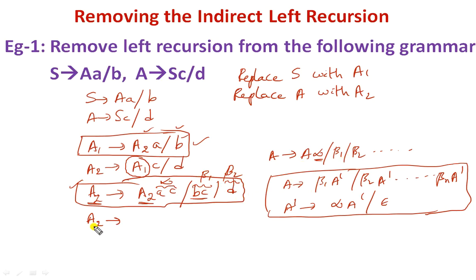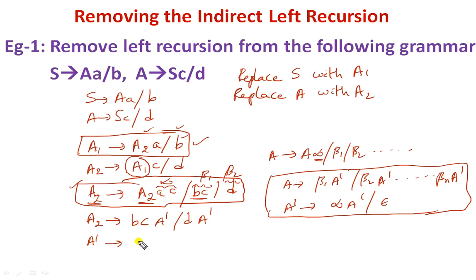A means here A2. A2 generates beta 1 A dash. Beta 1 means BC, so BC A dash, and beta 2 means D, so D A dash. That's it, this is the new production rule. And coming to the second rule, A dash generates alpha A dash.